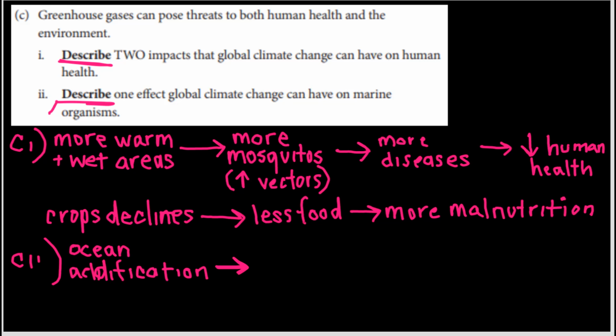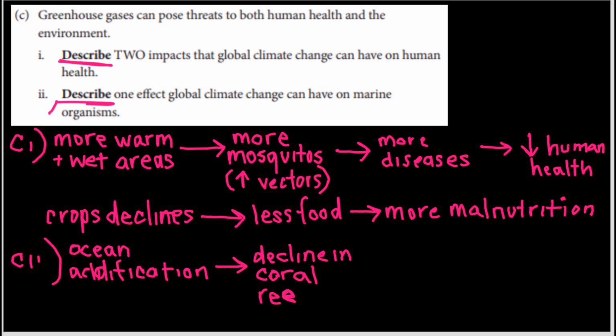Which means we're going to have a decline in coral reefs, because coral reefs are one of the main things that are adapted to these really narrow pH ranges. And we're already seeing a loss of corals due to ocean acidification.